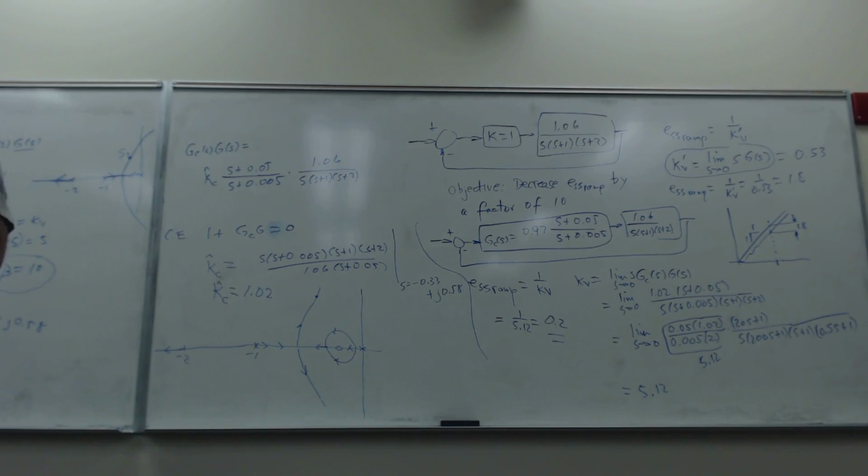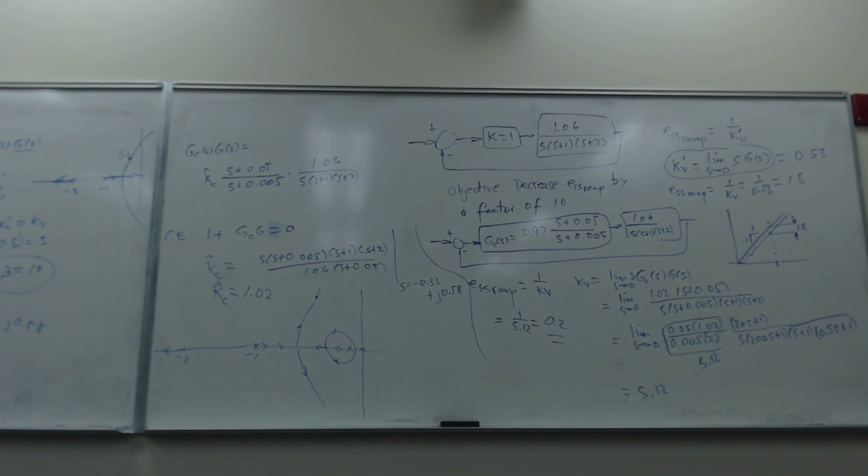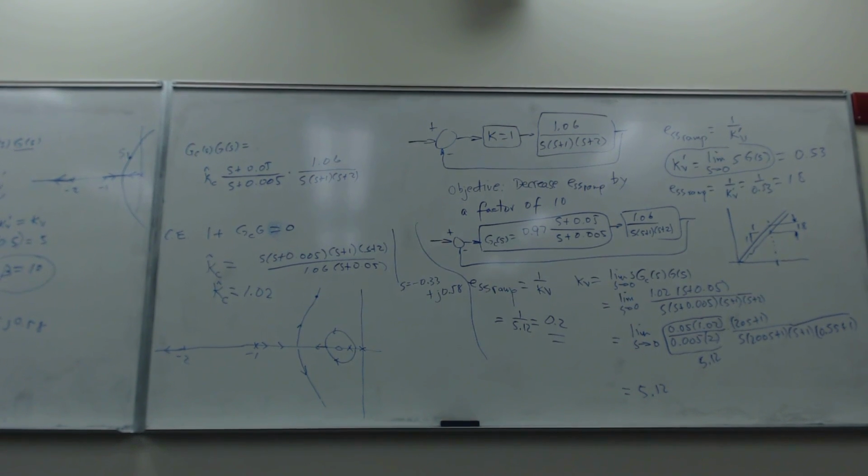As far as designing with the Bode and Nyquist, what are the advantages to using those techniques as opposed to this? Sorry, what? Designing with Bode and Nyquist, what's the advantage to building the control loop system through that technique?